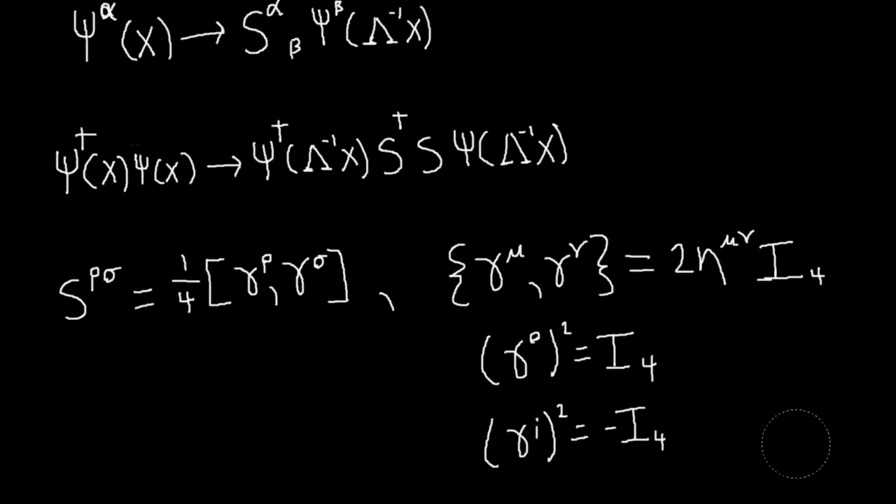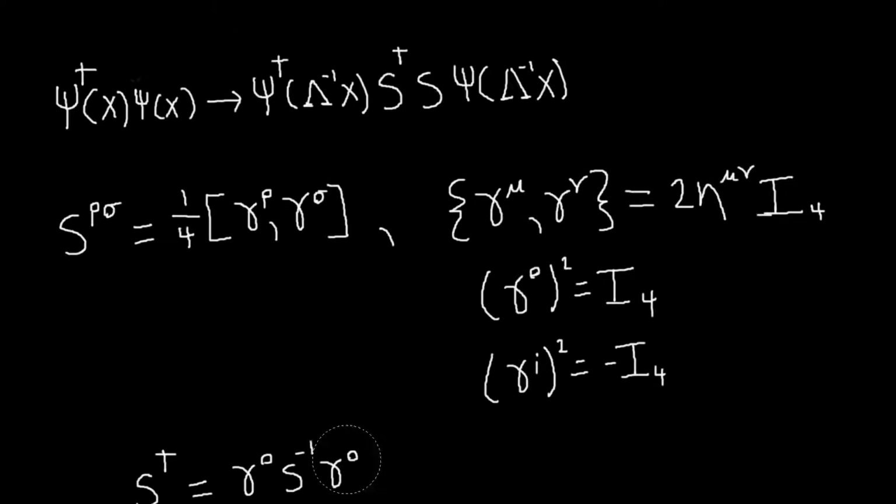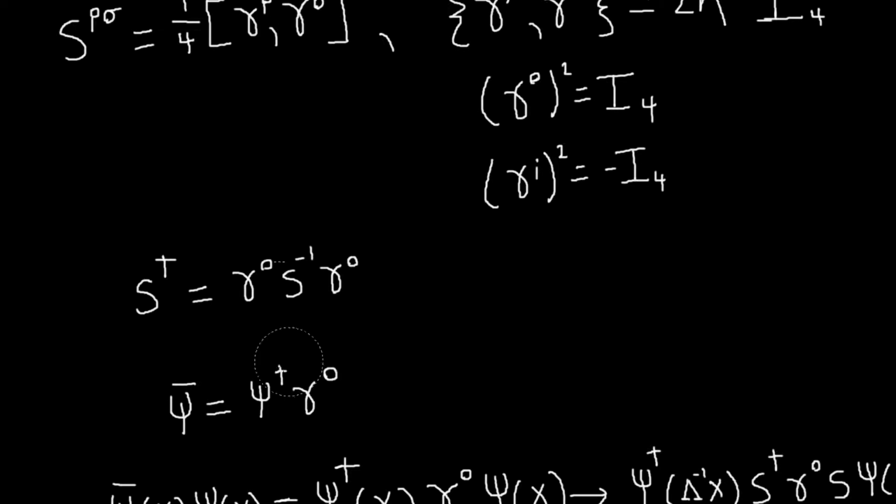And we'll use those later. And so basically you can relate S dagger to the inverse of S with gamma 0 here. And knowing that, you can define a new Dirac conjugate field as this.